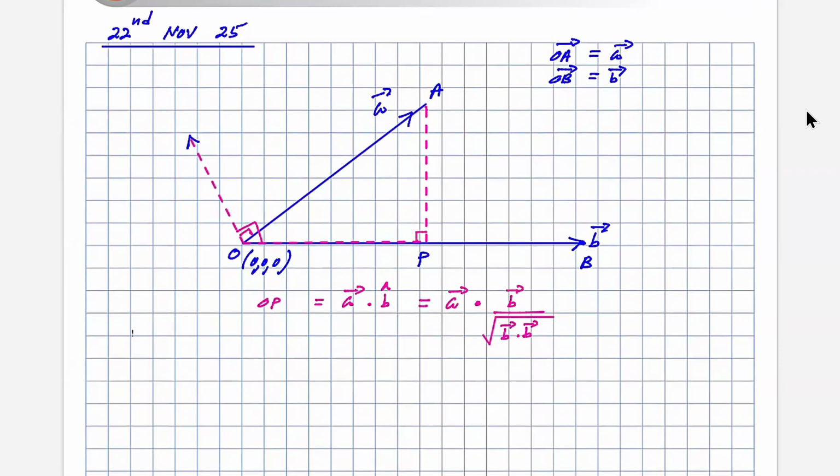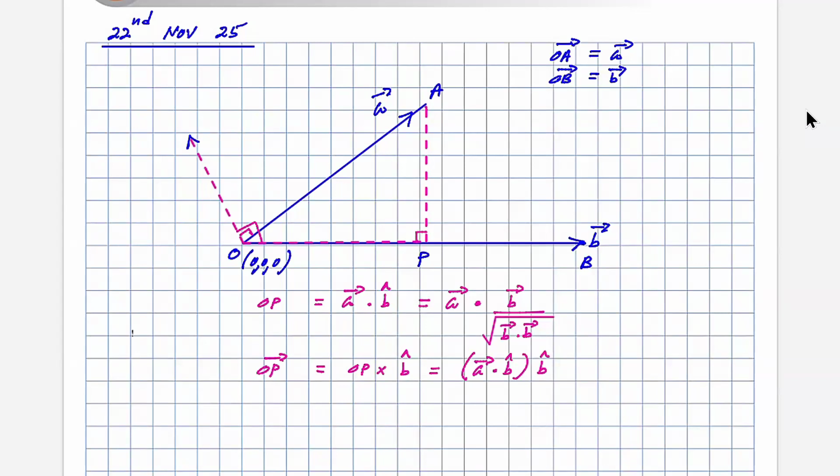So now, what is the OP vector? OP vector is OP times direction, and the direction is B hat. So OP is A dot B hat, and then outside you have B hat.